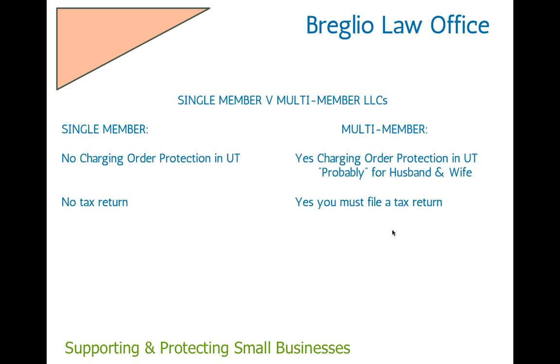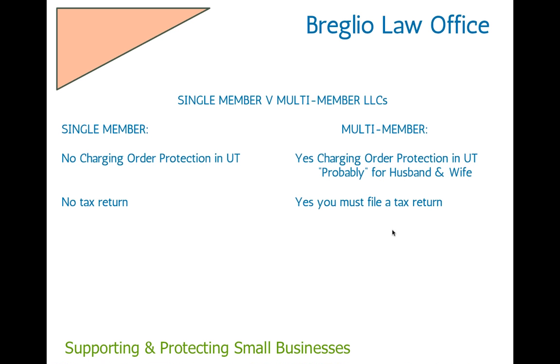Not only are you required to do that by the IRS, but you're creating proof that you are treating this as a true partnership. And if you treat it like a true partnership, then you'll get this charging order protection. There is a case in Florida, I think it was Florida, maybe in Colorado. There's a couple of these cases where a husband and wife were considered a single person, and the court did not provide the charging order protection.